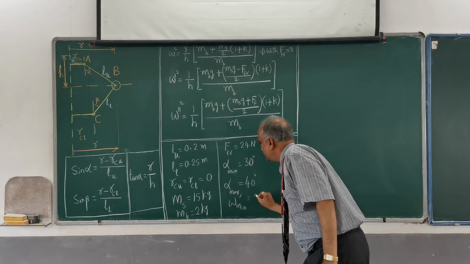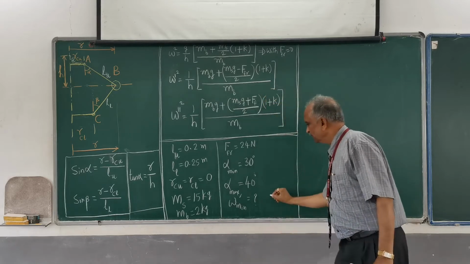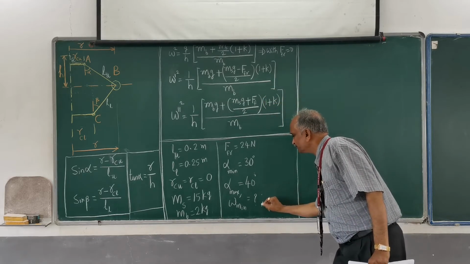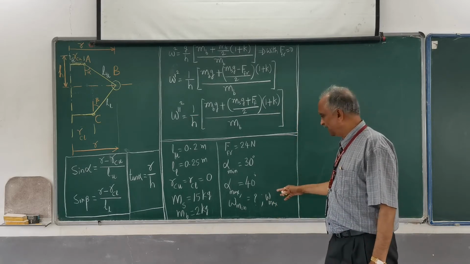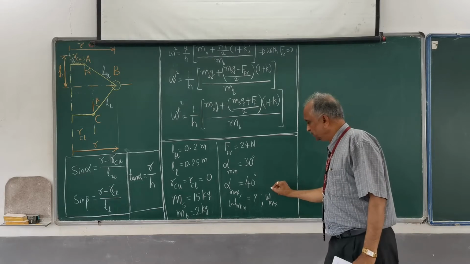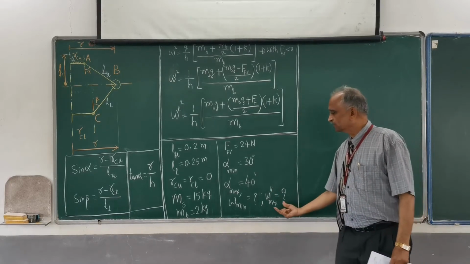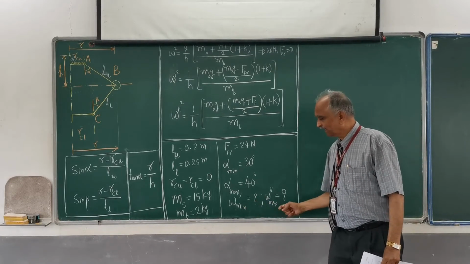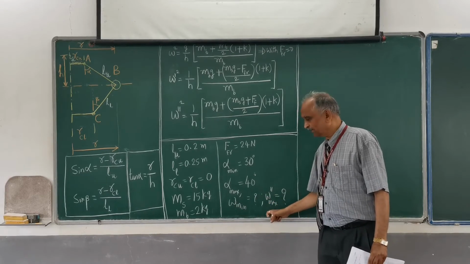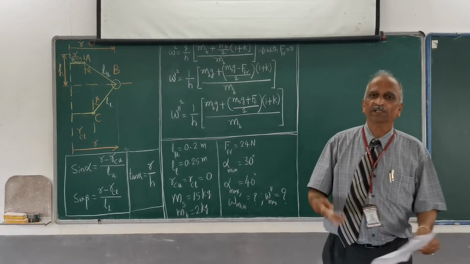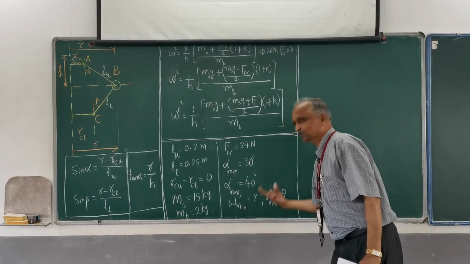And what is the maximum speed? It is omega maximum double dash. So you are asked to find omega max double dash minus omega minimum dash, and that is the range of speed taking friction into account. So ultimately what we need to find out is this and this.